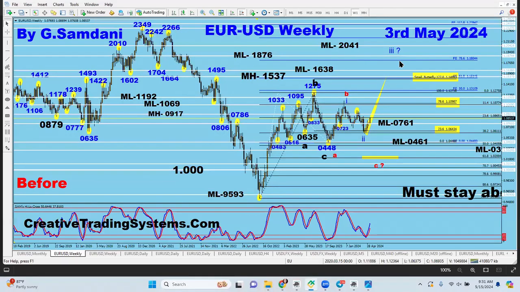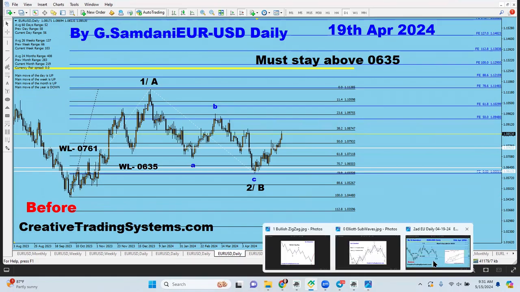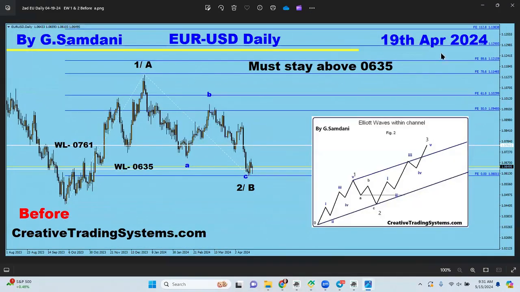You see this EUR/USD now, right? Now here, this is a weekly chart, so forget about that. Let me show you a daily chart, and this is what the daily chart is, right? You can see that I have made this diagram, and in fact, I made this one on 19th April: it must stay above 0635, and 0635 is right there.